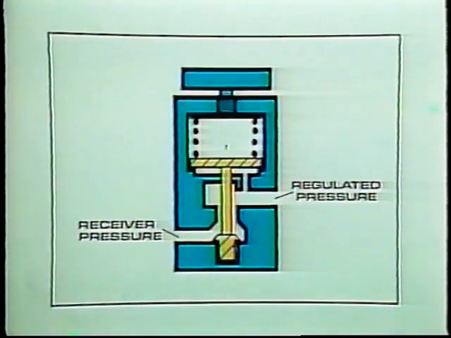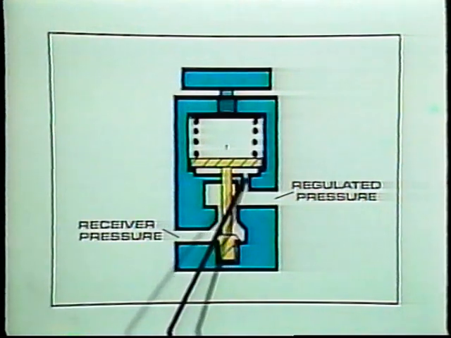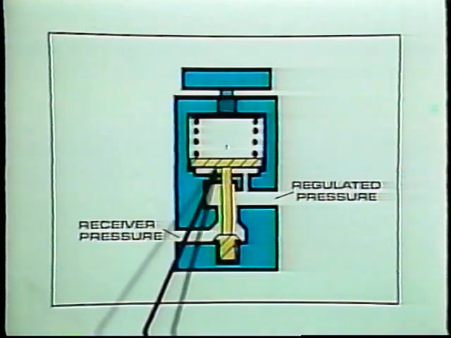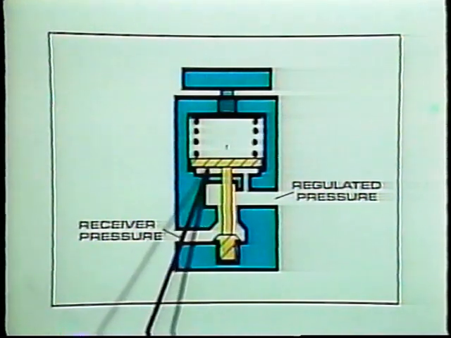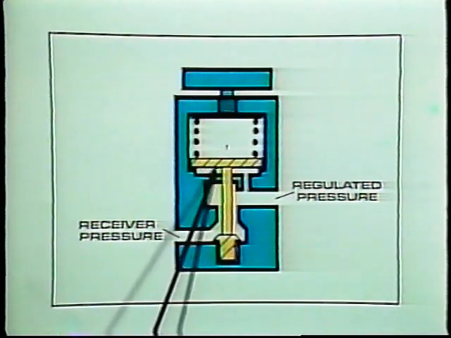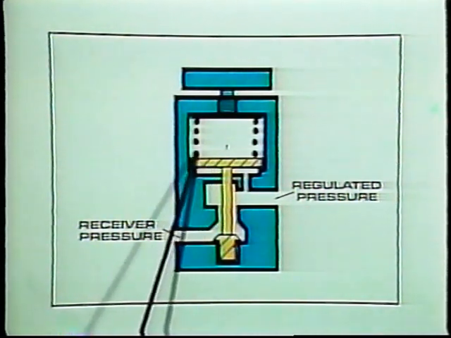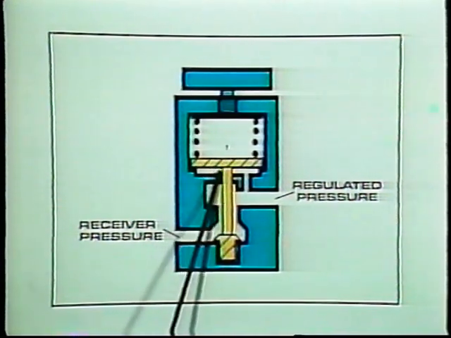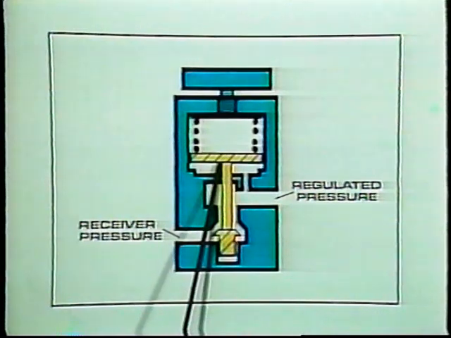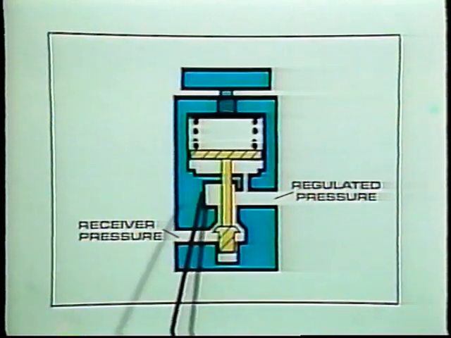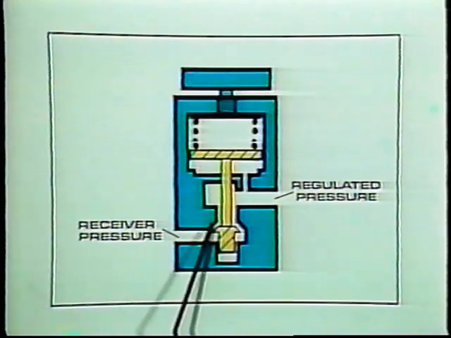The regulator is operated by air and spring pressure. This passage here allows downstream pressure to back up into this chamber, and it develops a force on the underside of the piston. This force works against the spring here, and when the air pressure is high enough, the piston moves upward, and the poppet begins to shut off airflow.